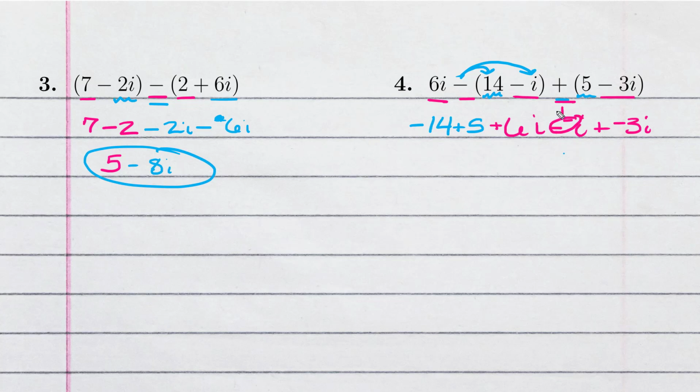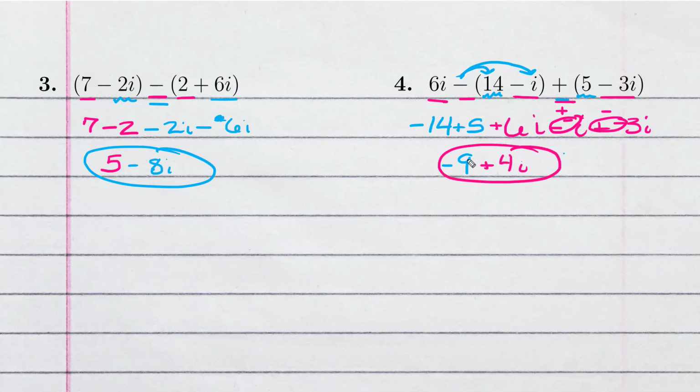These signs combine and become positive. These signs combine and become minus. So we have negative 14 plus 5 is negative 9. And then on our imaginary parts, we have 6 plus 1 minus 3. And so that would give us 4i.